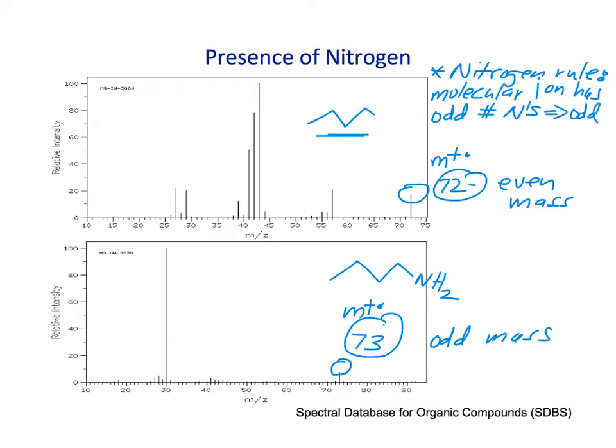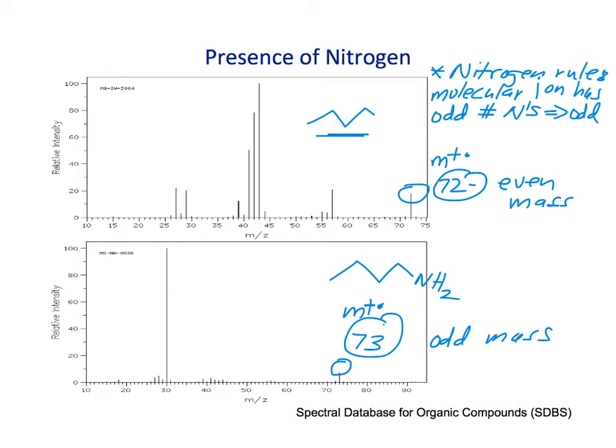It will have an odd mass. Okay, so one nitrogen, we're going to have an odd mass. If, alternatively, we have an even number of nitrogens, including 0 or 2, then the molecular ion will have an even mass.